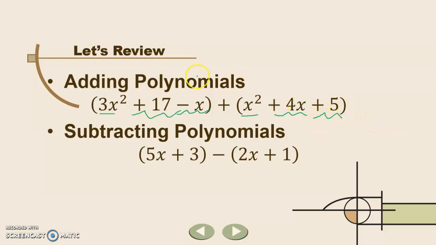Okay, try that on your own. If you want to pause your video and come back, you should get 4x squared. Negative x and a positive 4x becomes positive 3x. And a positive 17 and a positive 5 becomes positive 22. So we've added those two polynomials by combining like terms.